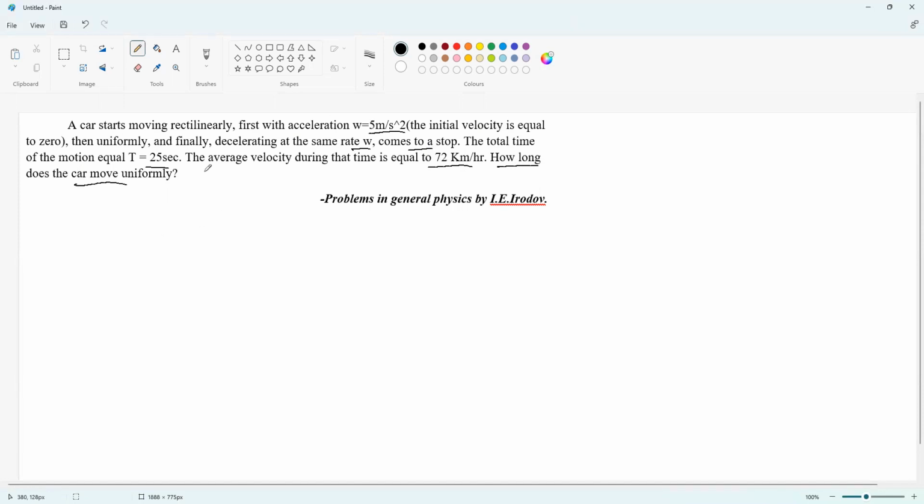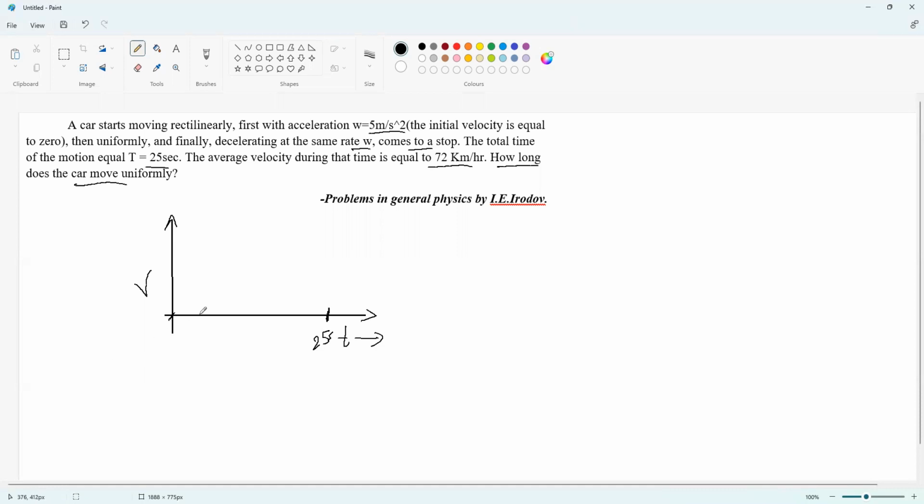First, let's try to represent this motion in a velocity-time graph. This is the time axis, this is the velocity axis. The total time of the journey is 25 seconds, so let it be here.